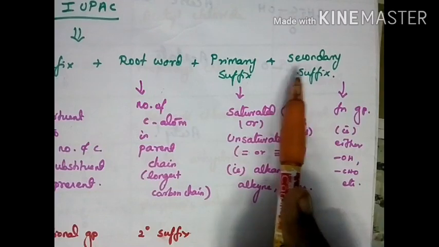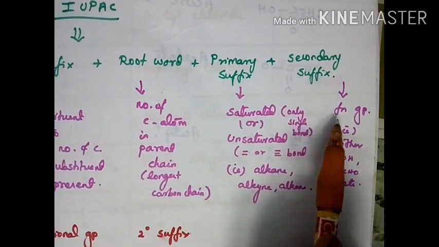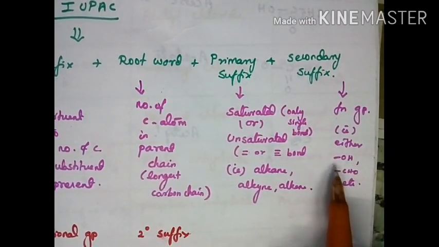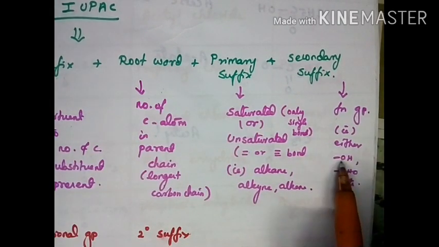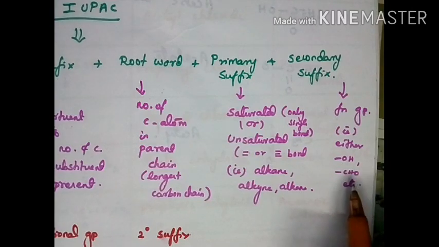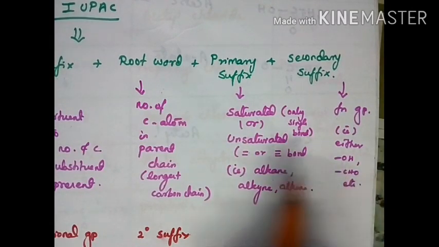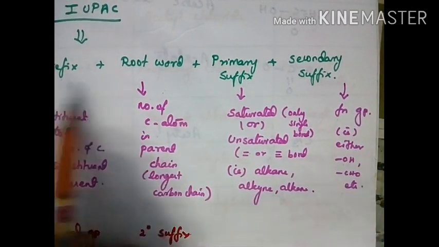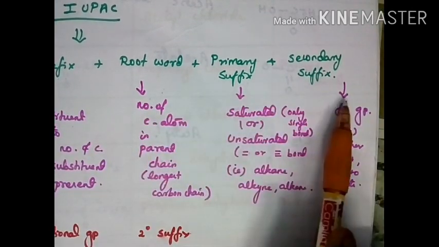And the next is secondary suffix. That is nothing but our functional group, whether it is an alcohol, aldehyde, ketone or anything. If alcohol is there, the name ends with OL. If aldehyde is there, the name ends with AL. If ketone is there, ONE. In that manner, you have to write the IUPAC name: first the prefix, root word, primary suffix, secondary suffix.